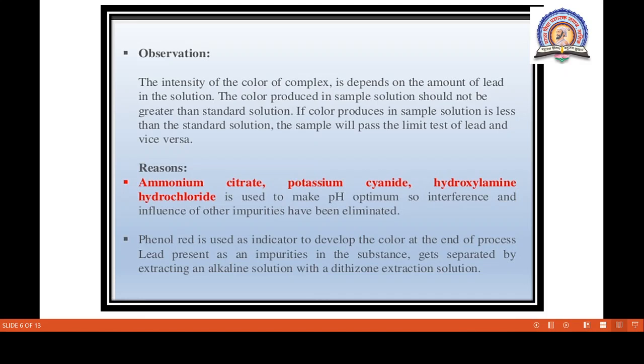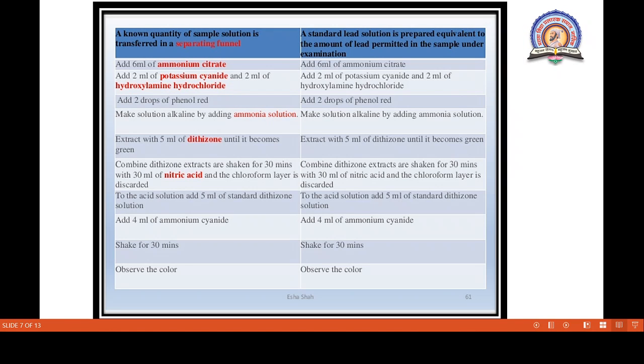Phenol red is used as an indicator to develop the color at the end of the process. Lead present as an impurity in the substance gets separated by extracting the alkaline solution with a dithizone extraction solution. Okay, so these are the observation and reason for the limit test for lead.